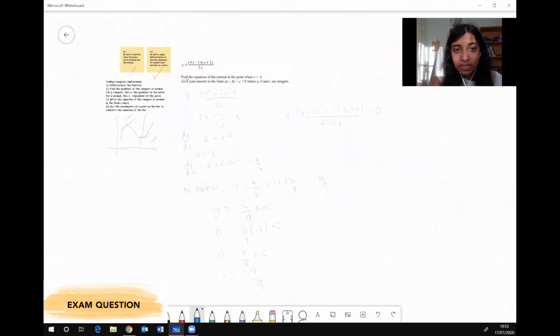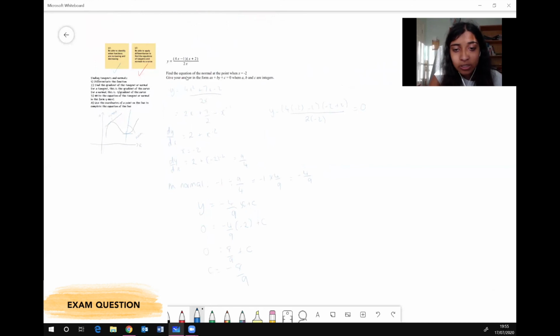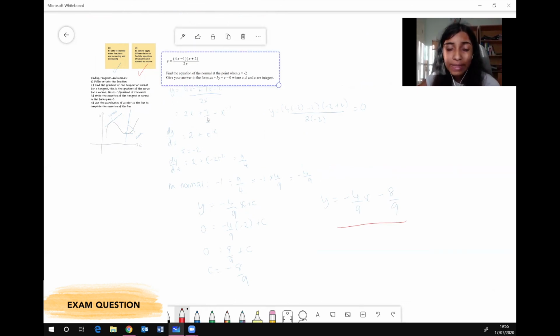So now if we complete our equation of the normal, we get y is equal to -4 over 9 x minus 8 over 9. And that's just our answer. So again, you want to make sure you rewrite the equation of the curve in a way that's differentiable, and then you can find the gradient at the point they've given you.